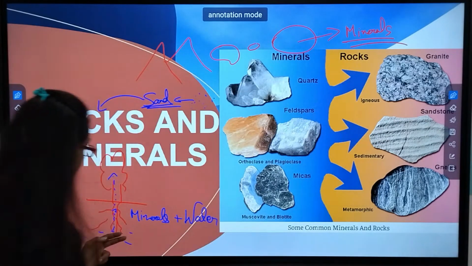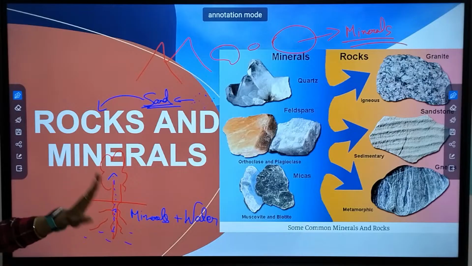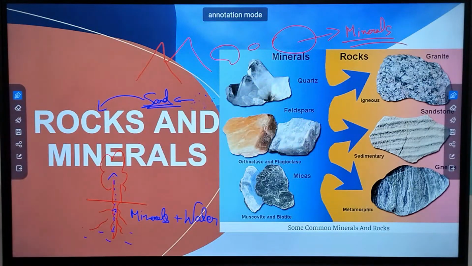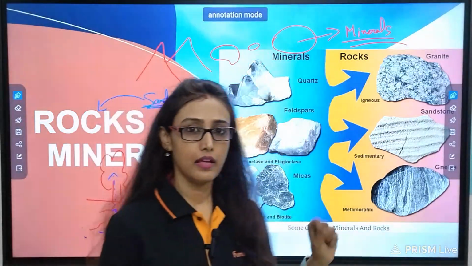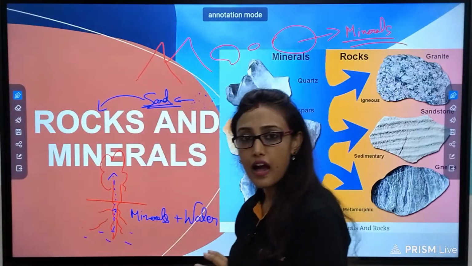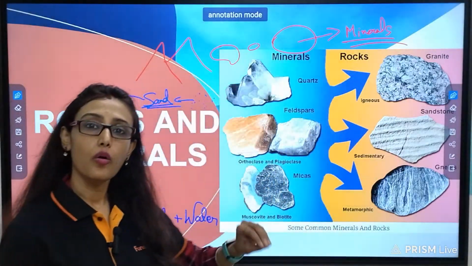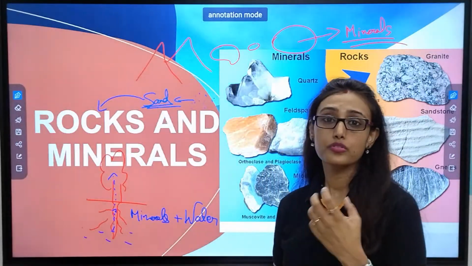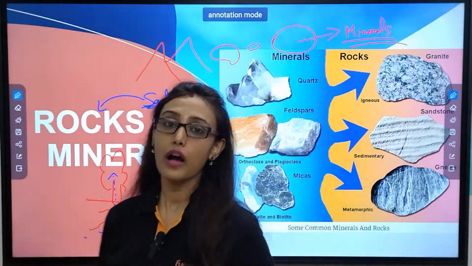So soil has, we already know, minerals plus water. While the plant takes in water, the minerals also go along with the water and are absorbed by the plant. And when plants store their food in the form of starch, these minerals are also stored along with the food. And when we eat that food, those minerals come to us.